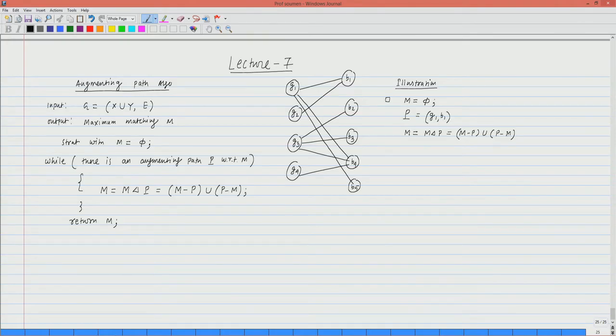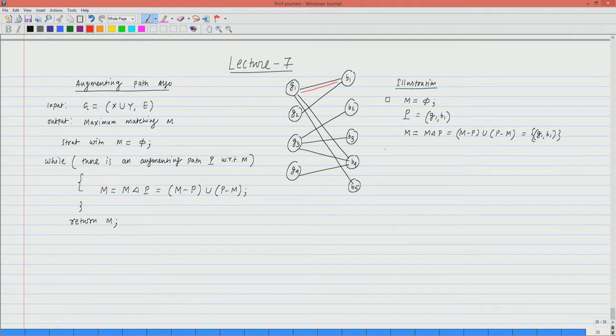So, P minus M consists of this edge G1 B1. So, this is your current matching.